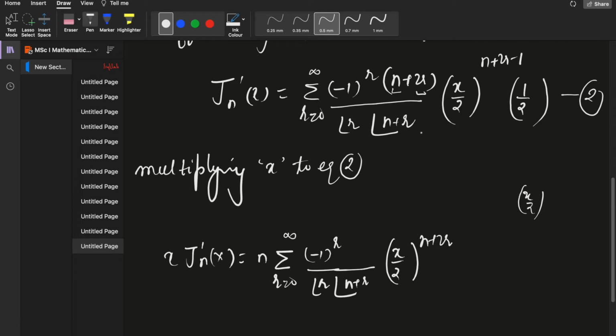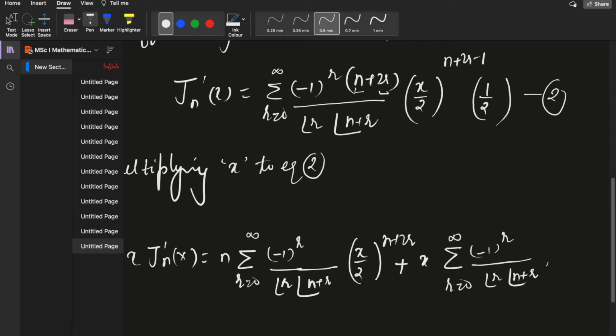Alright, one additional term was x upon 2, plus x, which we had multiplied in. I had written in front of the summation r tends to 0 to infinity of (-1)^r upon factorial r factorial n plus r.